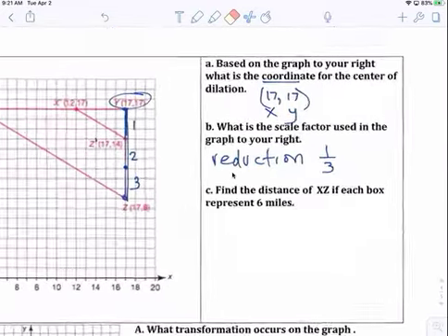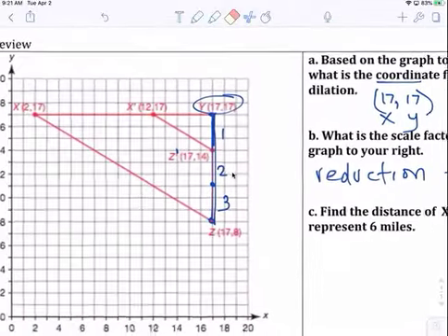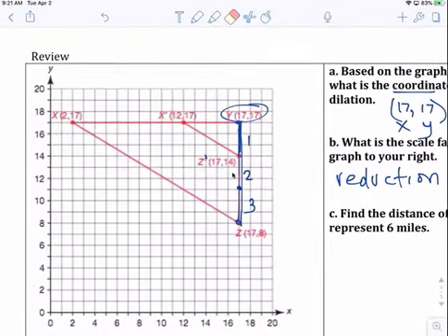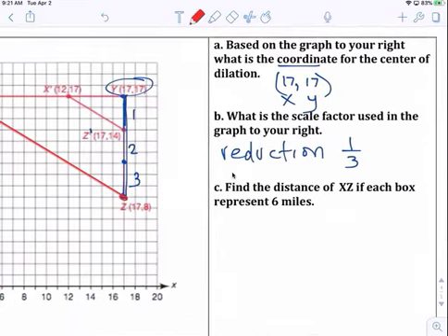Find the distance of x and z. Anytime we're using distance and we can't find an exact box, we do a squared plus b squared equals c squared. Each box represents 6 miles.